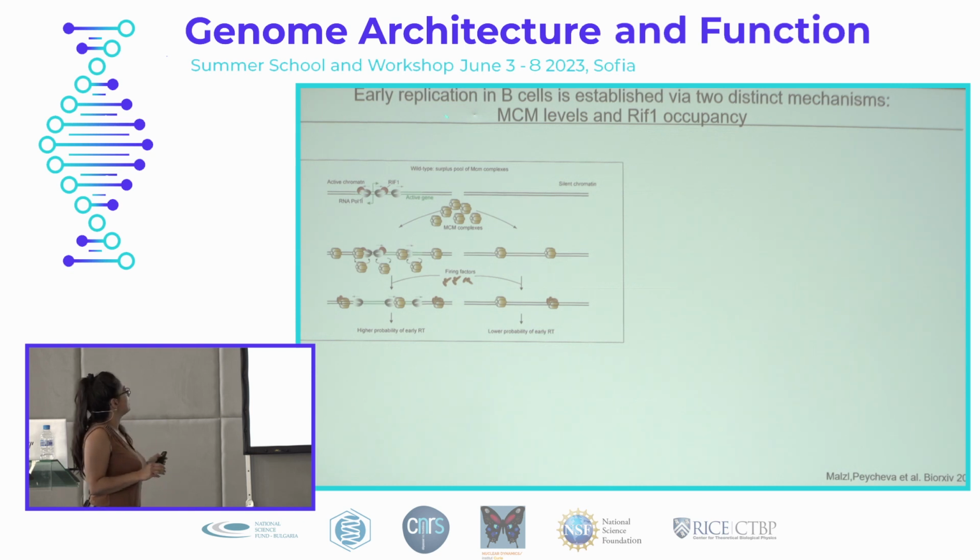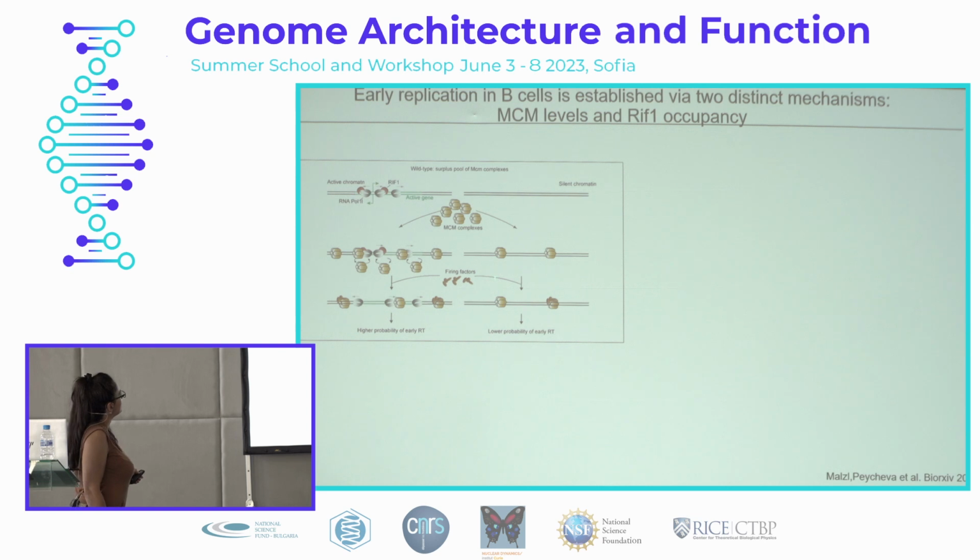And what we model is that in order for the actively transcribed chromatin to be replicated early, you need combinatorial binding of RIF1 molecules and MCM loading, and this would aid a higher probability of and earlier replication in the actively transcribed chromatin.